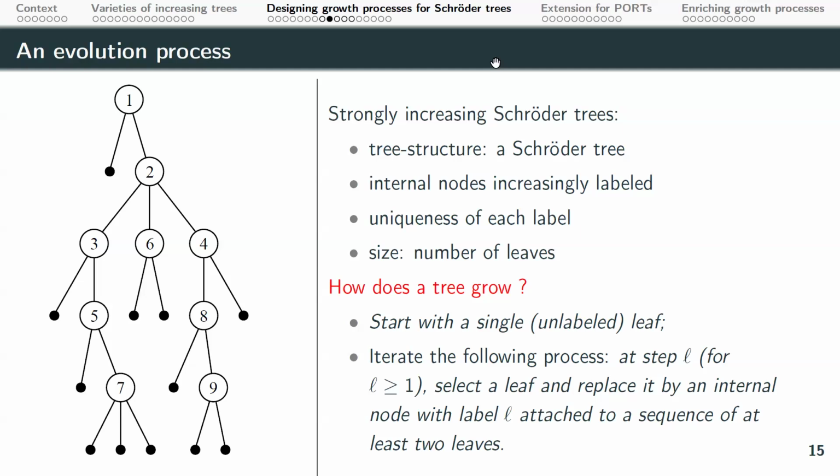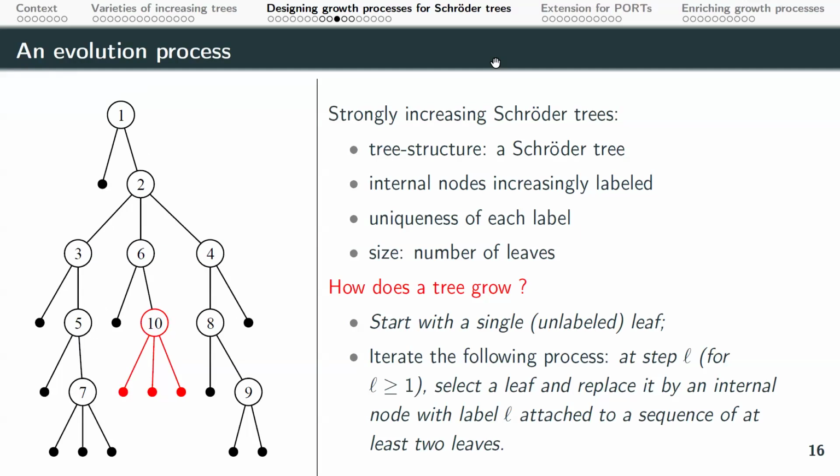At step L, I select 1 leaf, and I replace it by an internal node with label L, that is the step number, and I attach to it a sequence of at least 2 leaves. So at step 10 here, for example, I select this node, and I put a new internal node labeled by 10 with 3 children. And now I can let my tree grow like this.